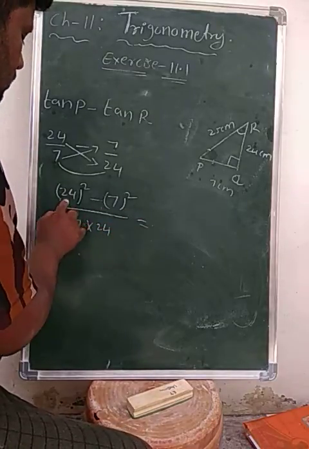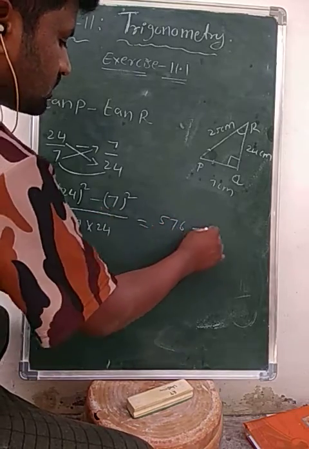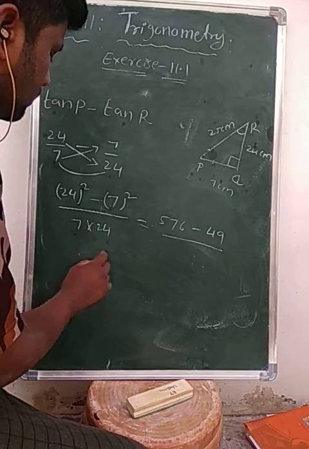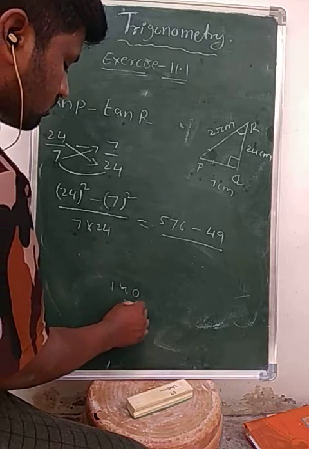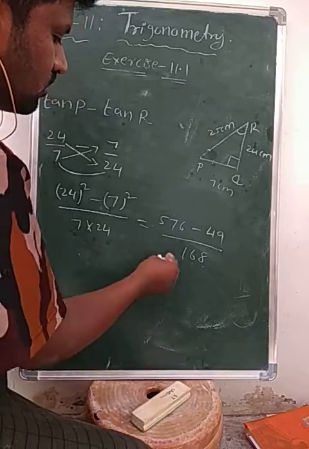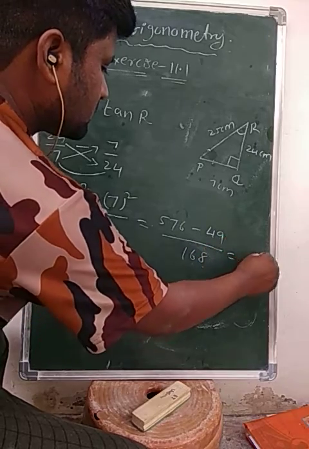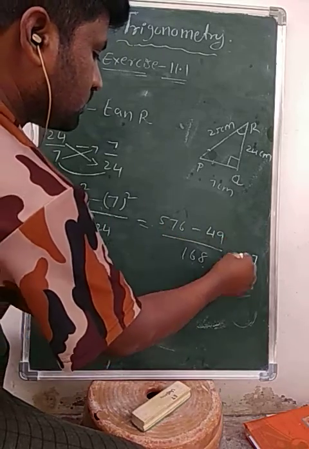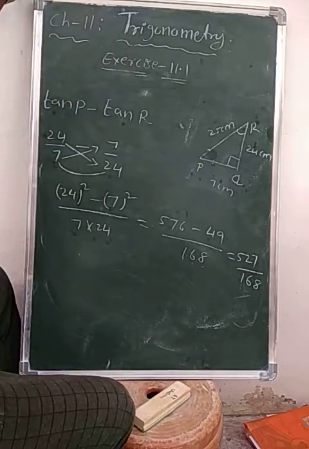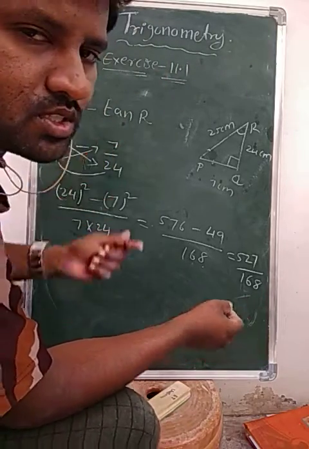So 24 squared is 576 minus 7 squared is 49, by 7 into 24, which is 168. So 576 minus 49 gives 527 by 168. Okay students, this is the required answer for this question.